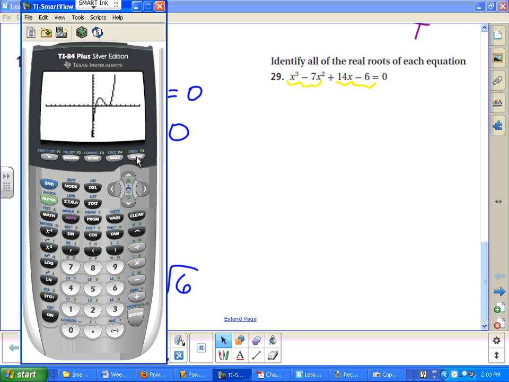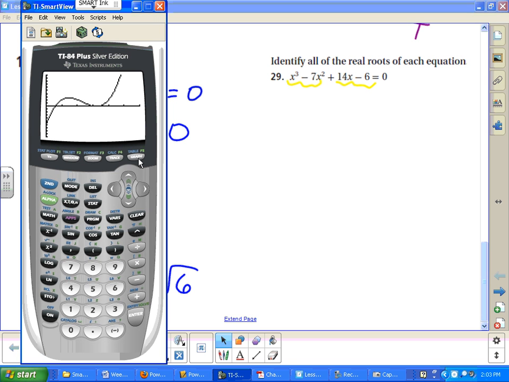So I'm going to zoom in here a little bit, see if I can see it a little bit better with my graph. So it looks like I could get everything in from about 0 to 6 on the x-axis. So from 0 to 6 on the window.